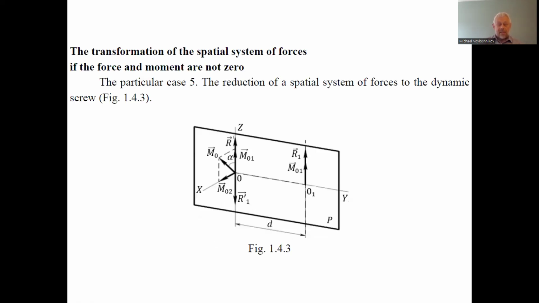So the special system of forces, if the main moment and the resultant are inclined to each other, we can reduce to a dynamo applied at another point.